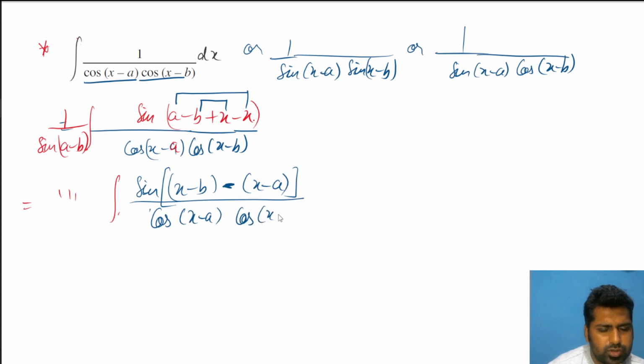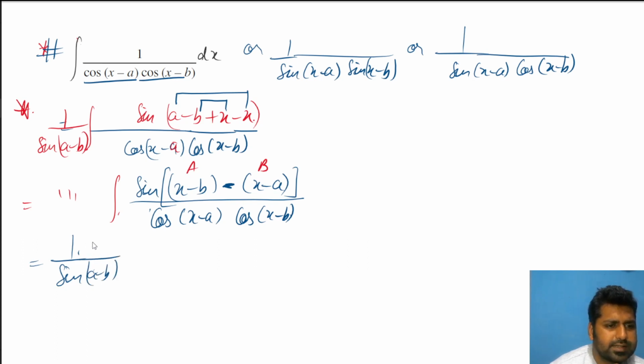The most important step of adjustment is this one. Okay, that was the question. Now use the property of sine(a minus b). What is the property of sine(a minus b)? This is following: 1 upon sine(a minus b). Now it's going to take a long time. So let's copy it.